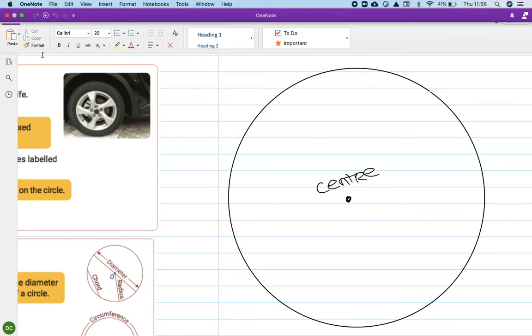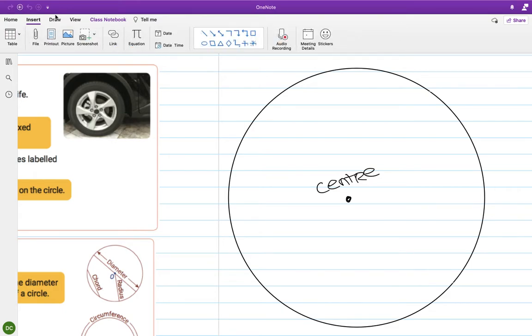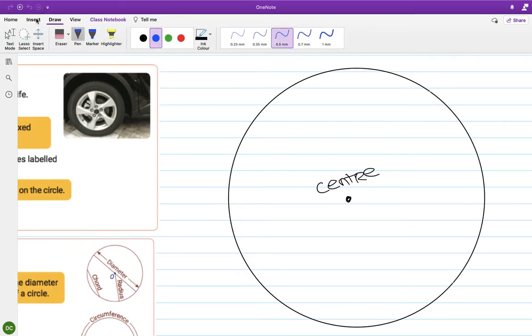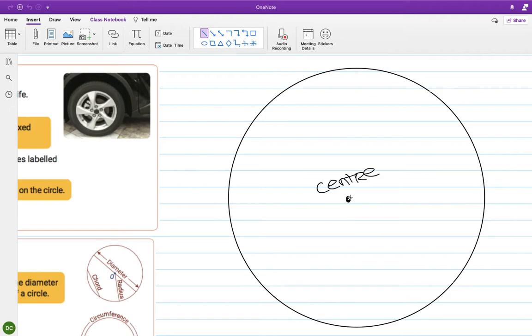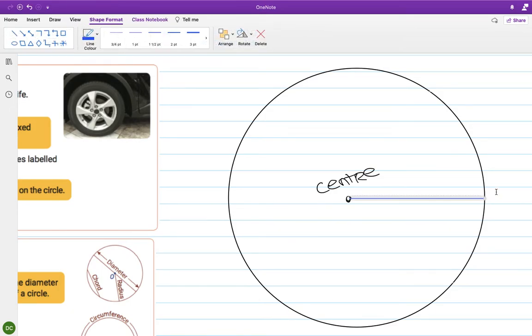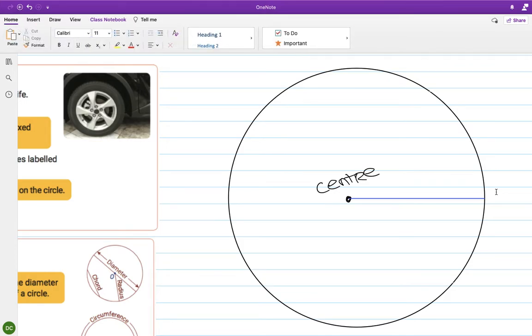Okay, then if we go insert, what colour are we in? Blue. Insert a line. So a line going from the center of the circle out to the circumference of the circle is called a radius. Hopefully that'll appear in a second.